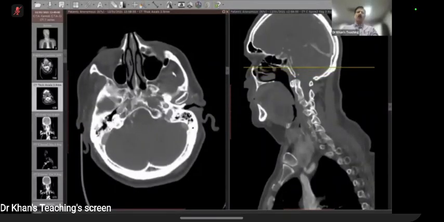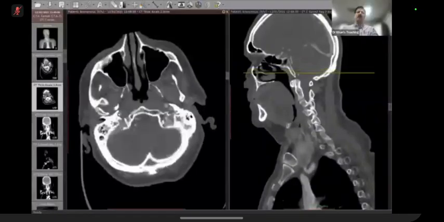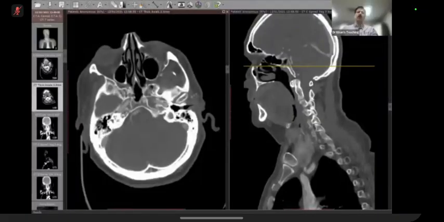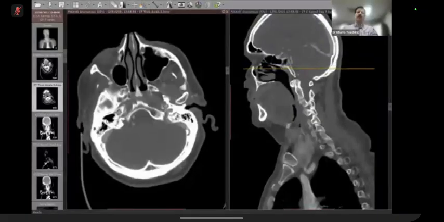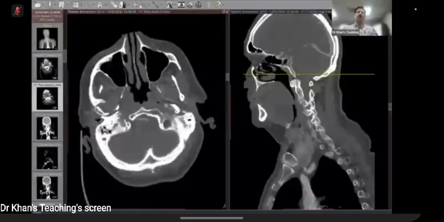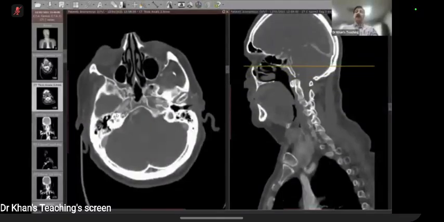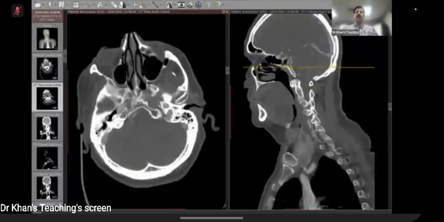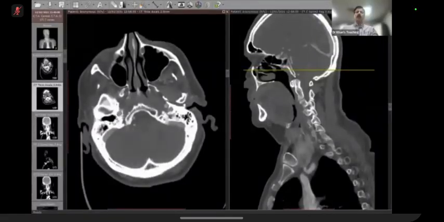Now, on the other hand, the carotid artery is anterior to the middle ear cavity. So these 2 points are important for you to remember. This is the middle ear cavity, and the carotid canal is anterior. There are normal variants in which this bone will be dehiscent and the internal carotid artery can project into the middle ear cavity.